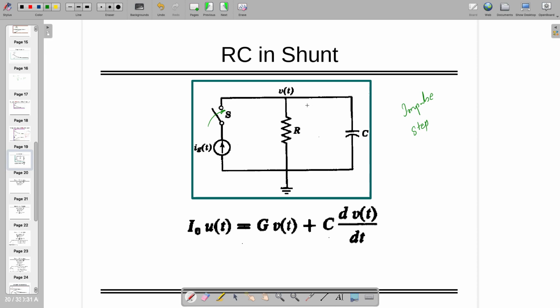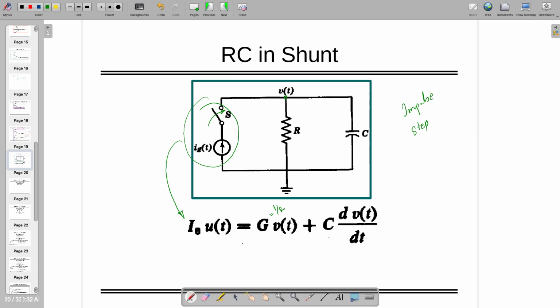Whenever you see a switch, it's a step. So can you write down the equation which is already written below? I0 times u of t is the input, equal to G, the transconductance, which is 1 by R times V of t plus C dV by dt. Yes or no?